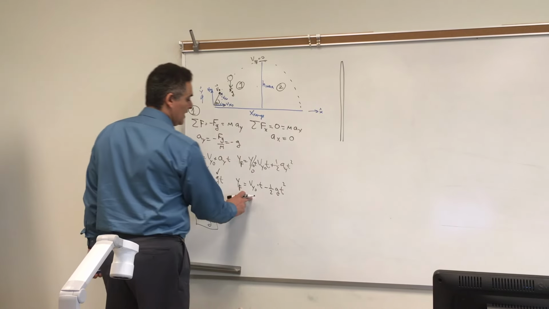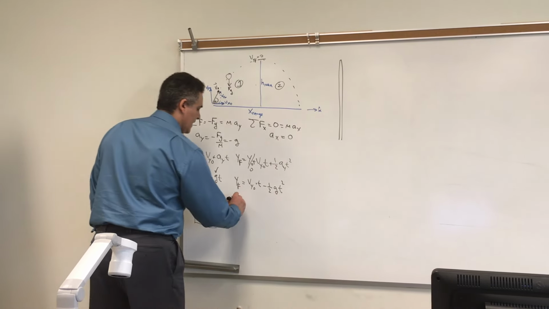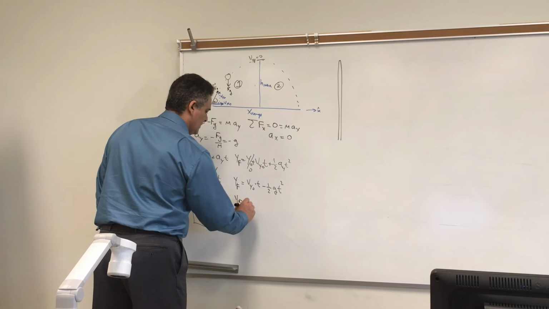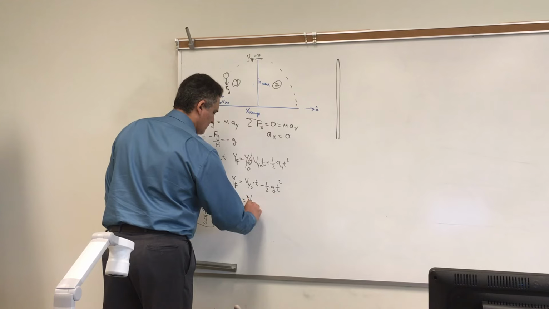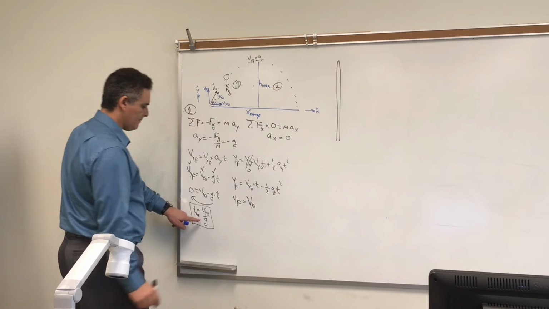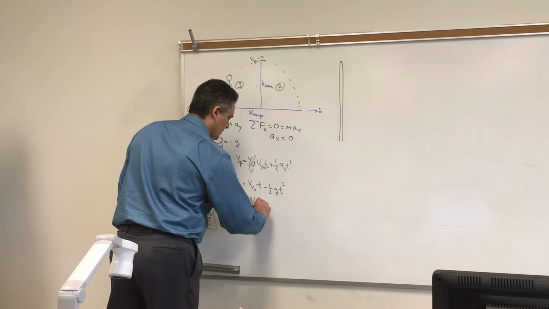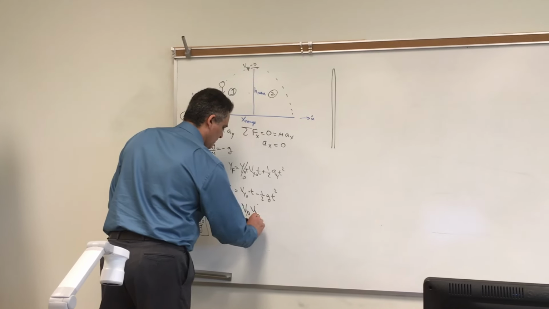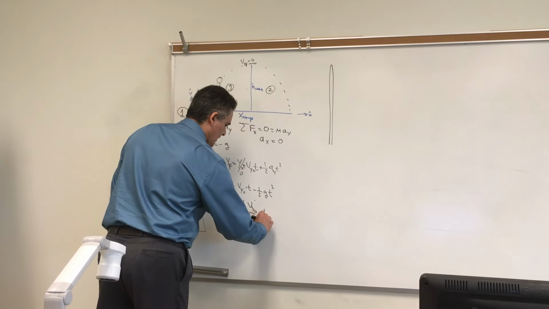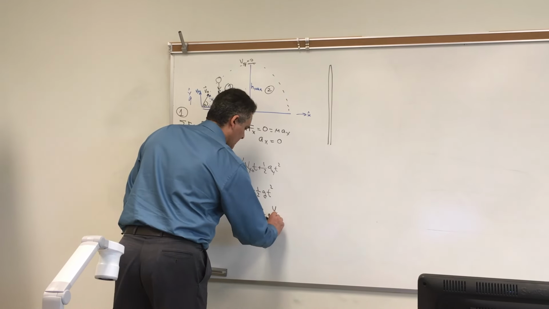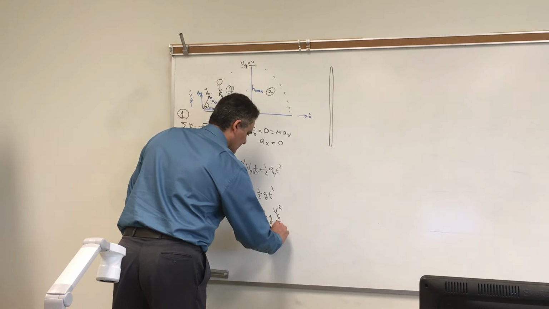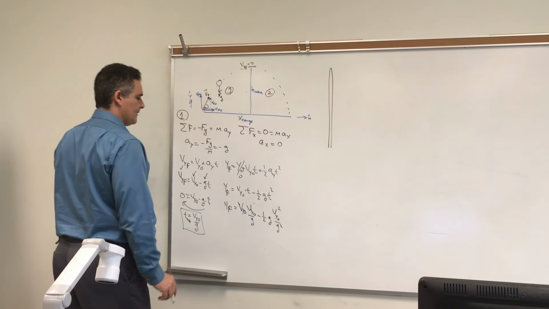The maximum height, though, we can get right out of this guy. So y final, in this case, we get Vy 0 times this time right here, which is Vy 0 over g, minus 1/2 g times this squared, which is going to be Vy 0 squared over g squared.